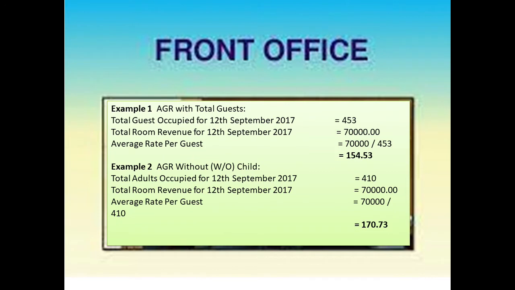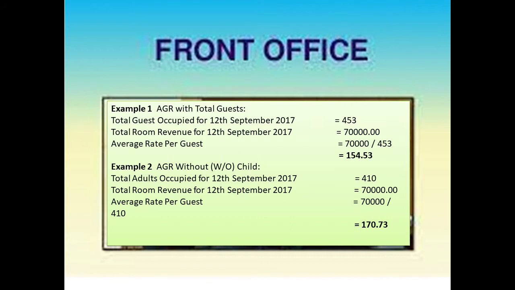Okay, for example number 1, AGR with total guests. Total guests occupied for the 12th of September 2017 is equal to 453. Total room revenue for the 12th of September 2017 is equal to 70,000. Average rate per guest is equal to 70,000 over 453. The answer is 154.53.